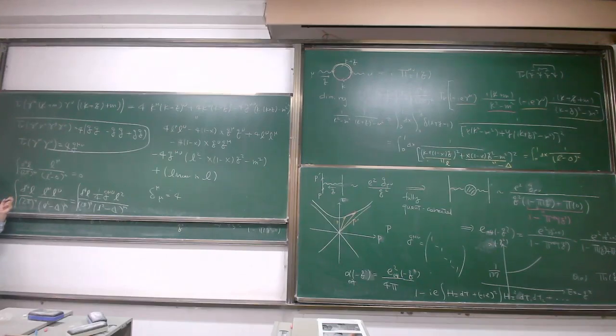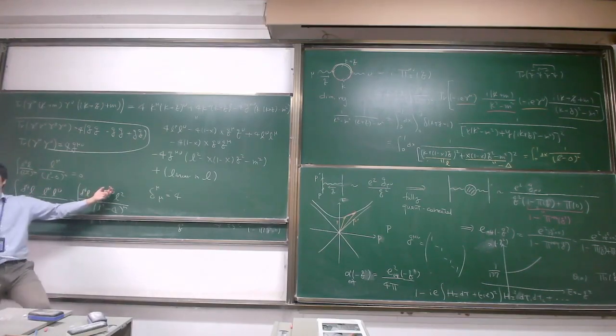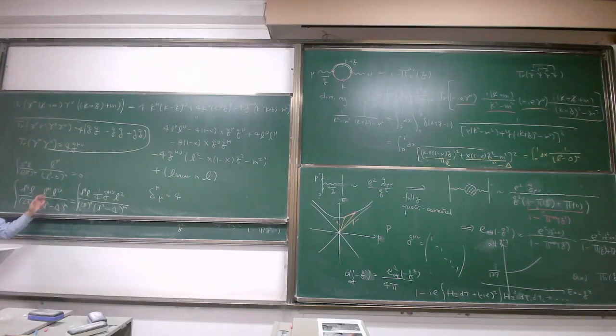And as I mentioned, when mu and nu are different, they do not contribute, for the same reason as here. The only contribution comes from mu equal to nu. Lorentz invariance will tell you that it should be proportional to g mu nu, fully symmetric. Of course, in general this is not true.